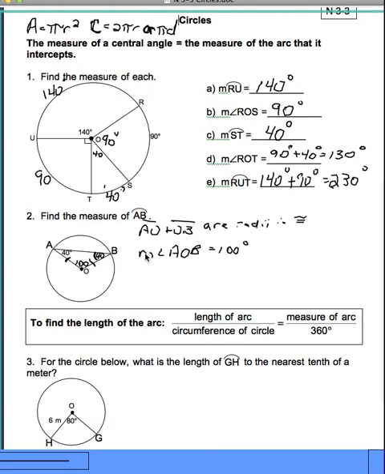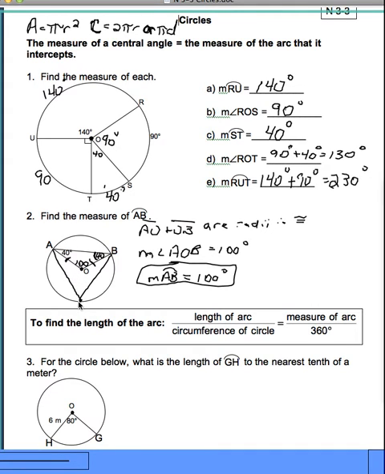Because that's a central angle, the measure of arc AB is equal to 100 degrees. So you have to get the hang of the arc length. Now, just in case you run into this, if you have an angle that goes all the way to the other side of the circle, this angle measure is half the arc length.